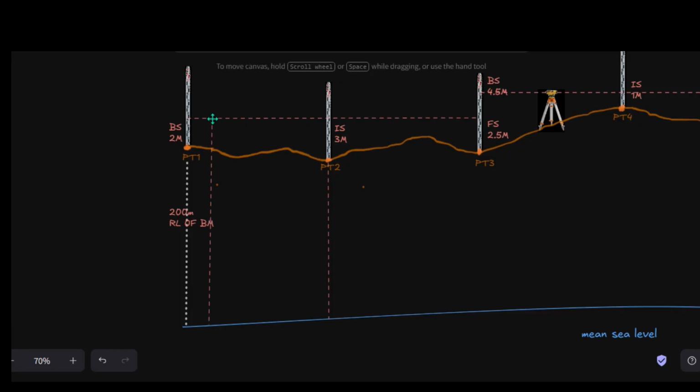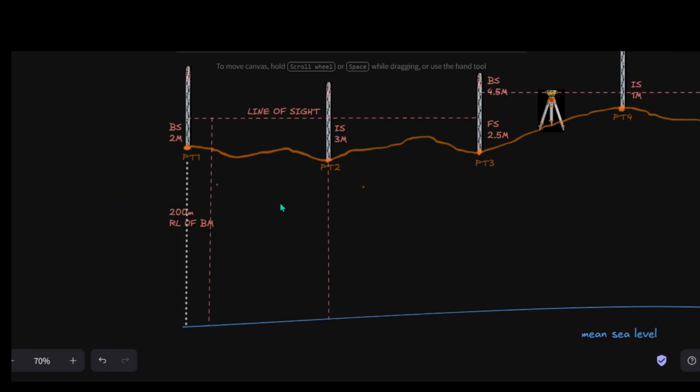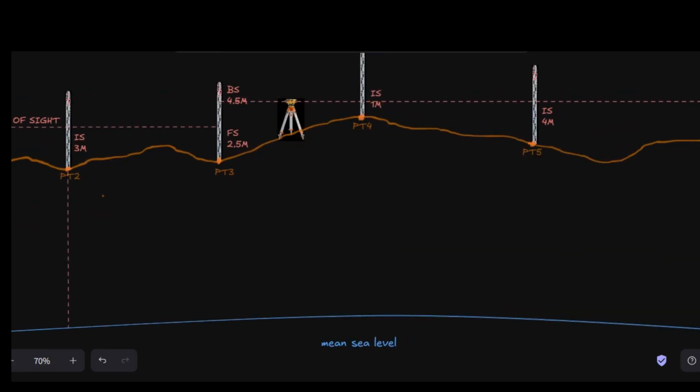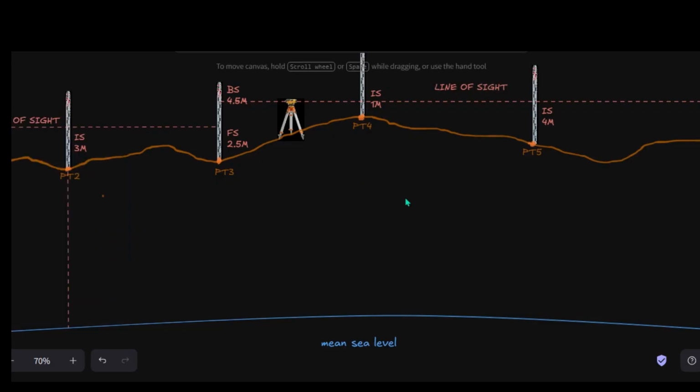Let me write that out. Line of sight. Then let me go to the other side and write it out too. Line of sight.